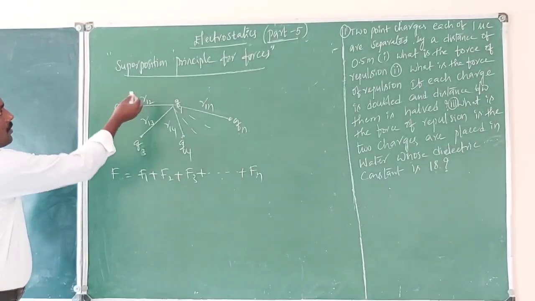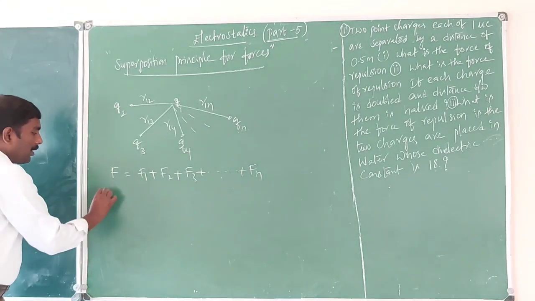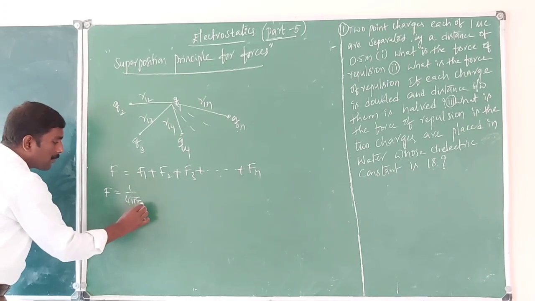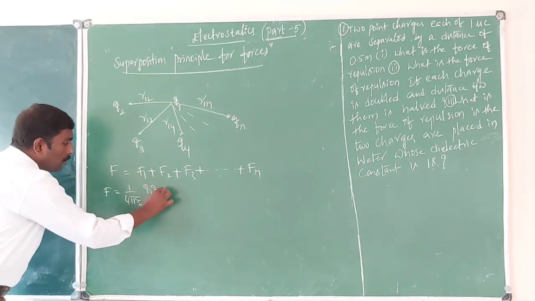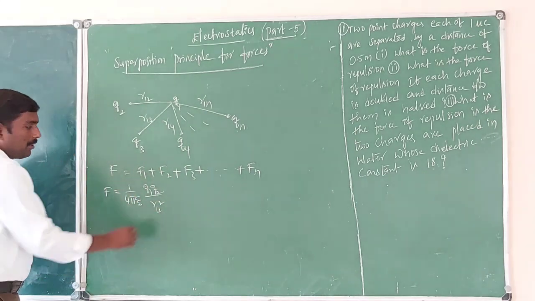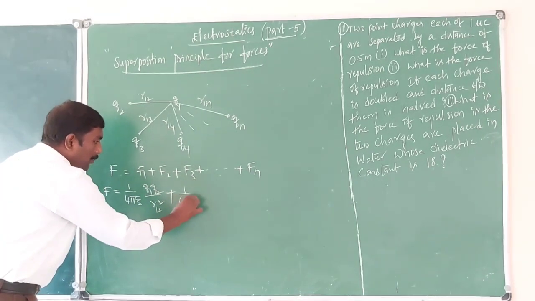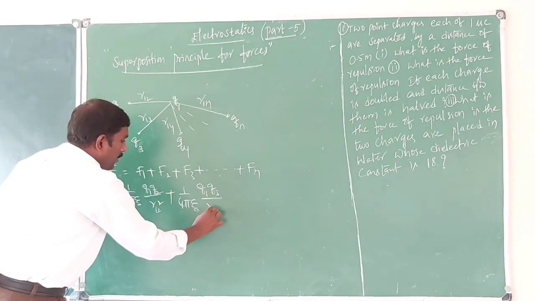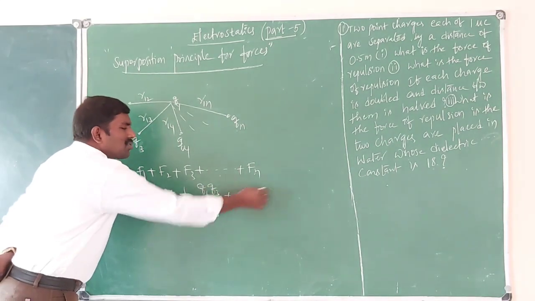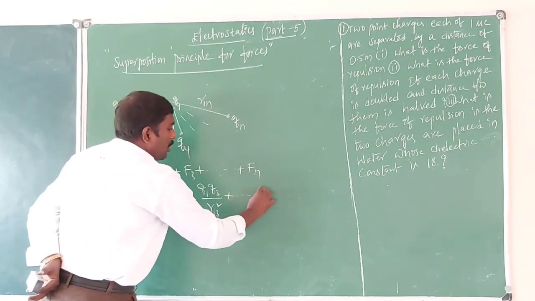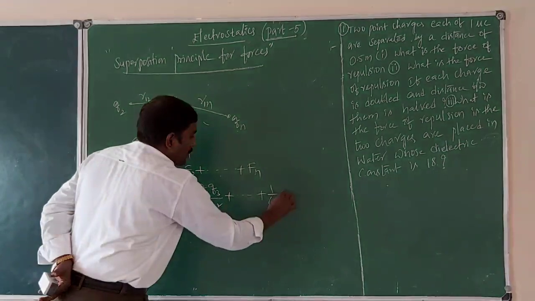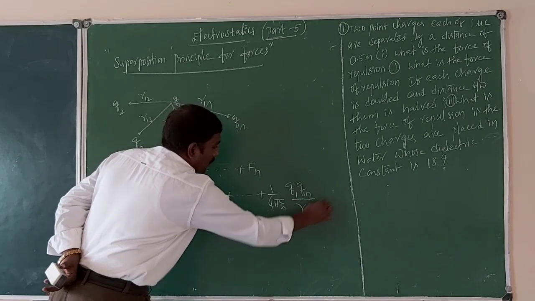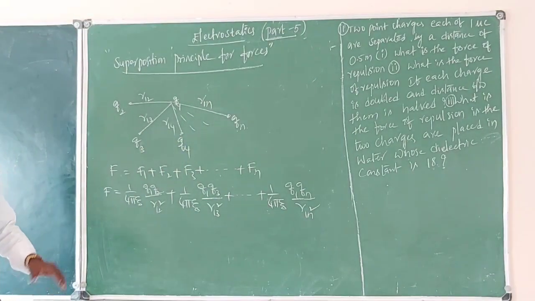Therefore, by using vector addition, F is equal to 1 by 4 pi epsilon naught q1 q2 by r12 square plus 1 by 4 pi epsilon naught q1 q3 by r13 square plus and so on plus 1 by 4 pi epsilon naught q1 qn by r1n square.